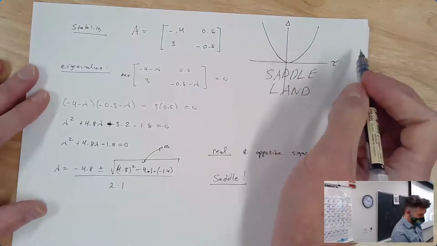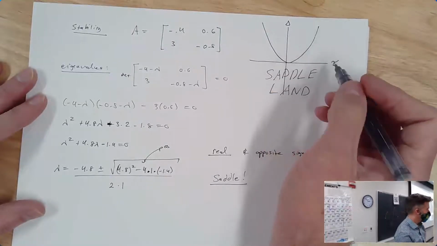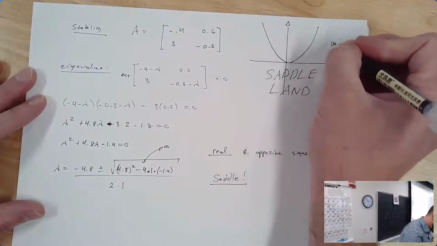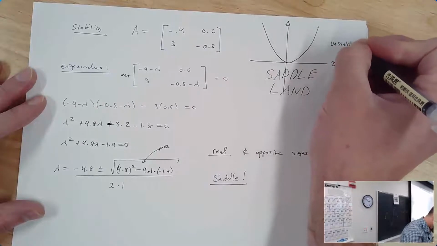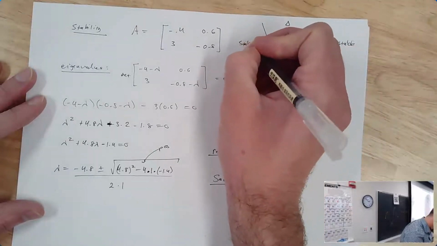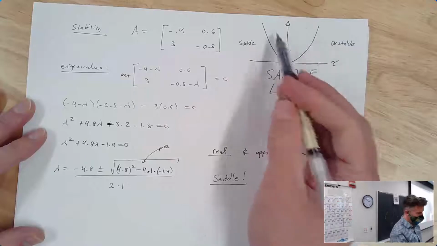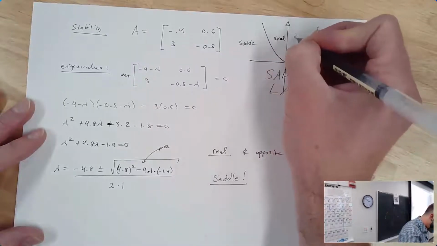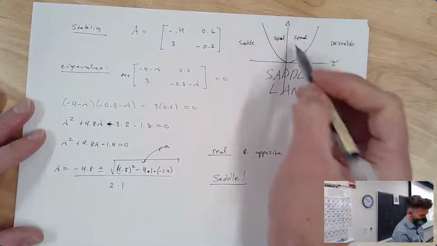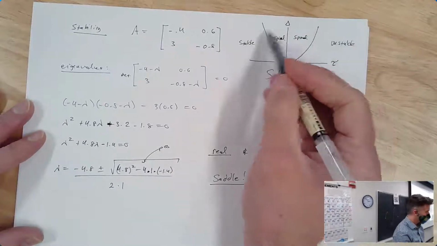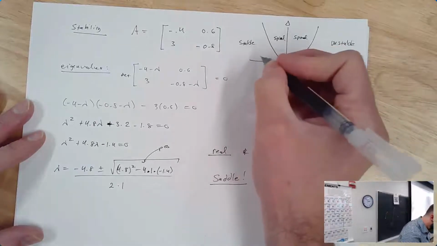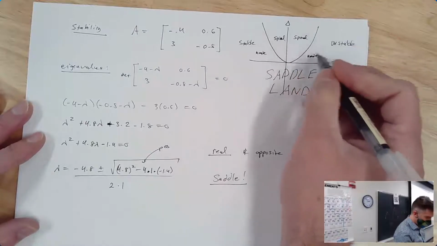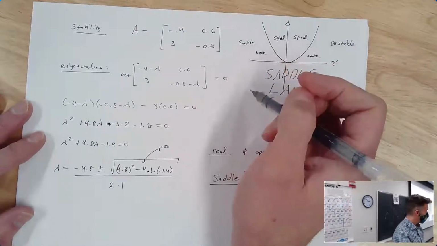On the right, above the trace axis, is unstable land. Over here is stable land. And then specifically above this parabola is spiral land. So on the right side are unstable spirals, on the left side are stable spirals. And down here are nodes. So over here is an unstable node, over here is a stable node.